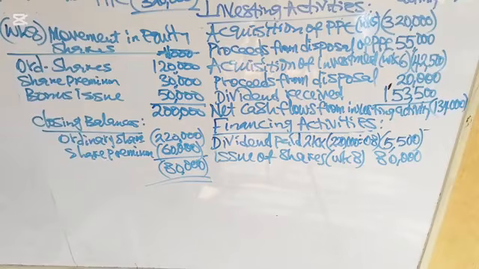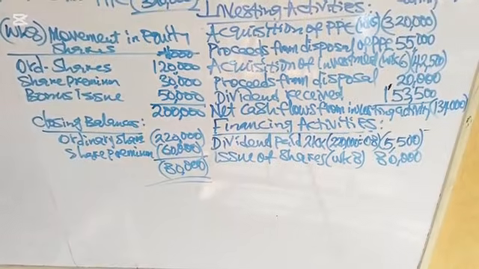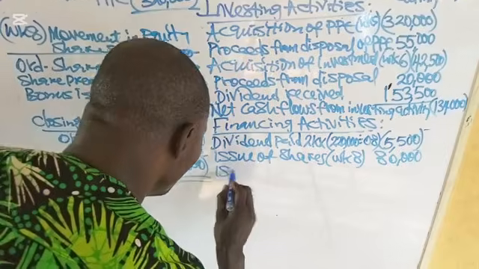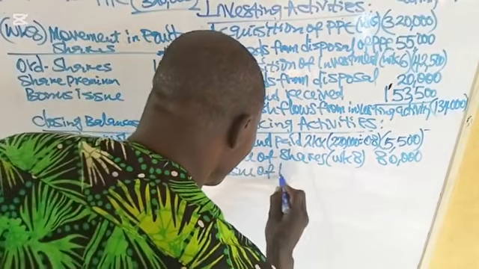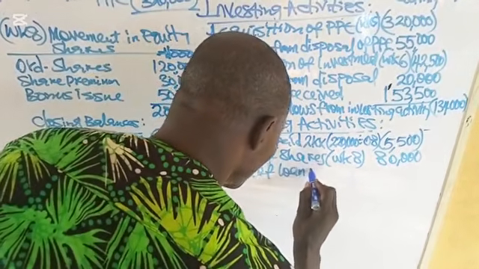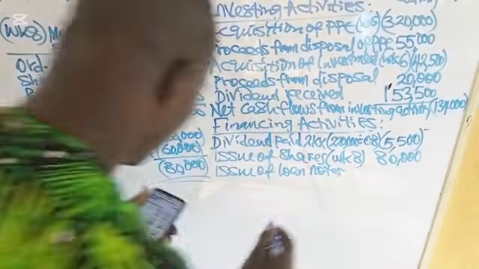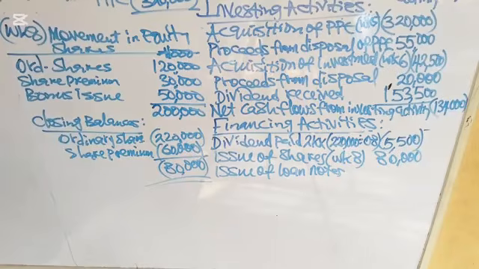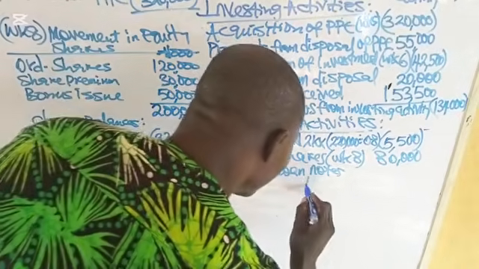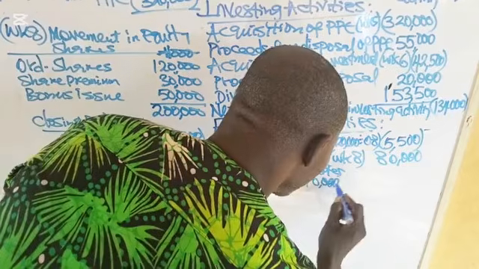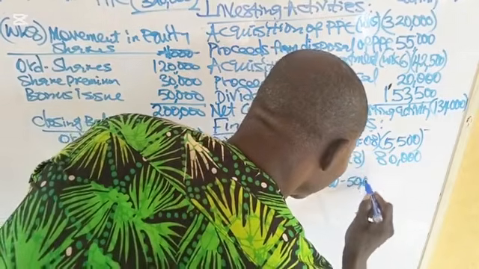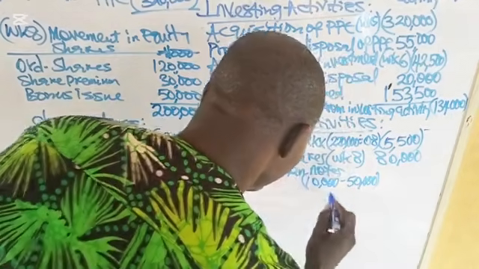Then loans. Issue of loan notes. The opening balance is 10,000, minus closing balance 50,000.